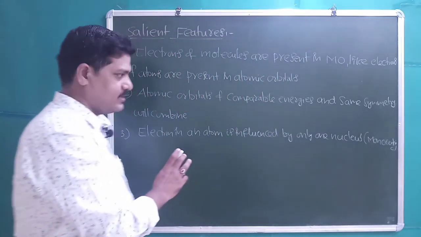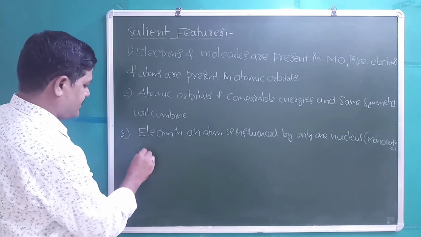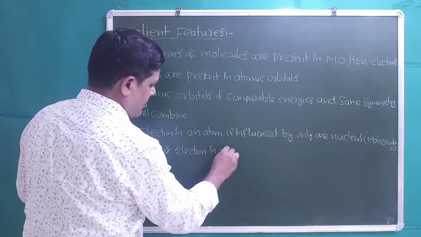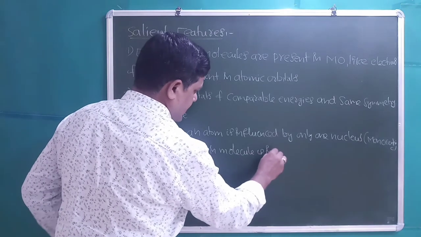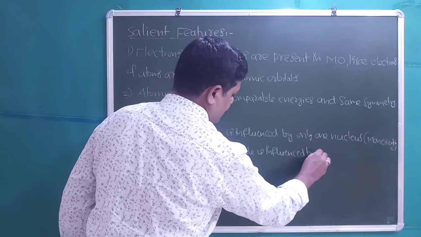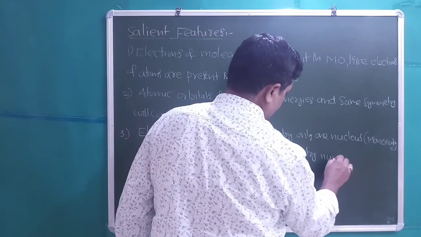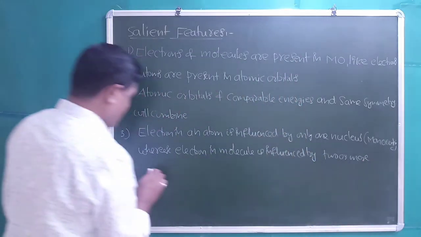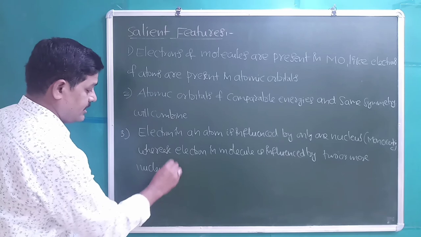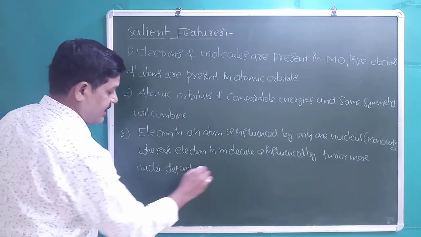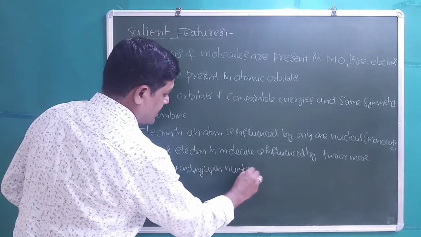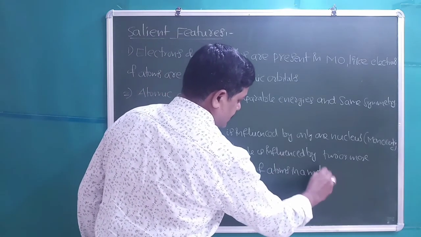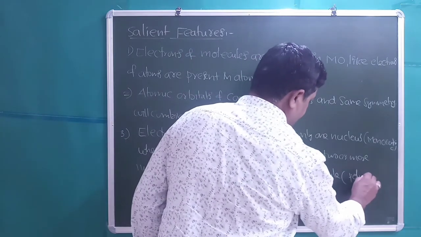Monocentric means only one nucleus is present, whereas an electron in a molecule is influenced by two or more nuclei, depending upon the number of atoms in the molecule, which is known as polycentric.